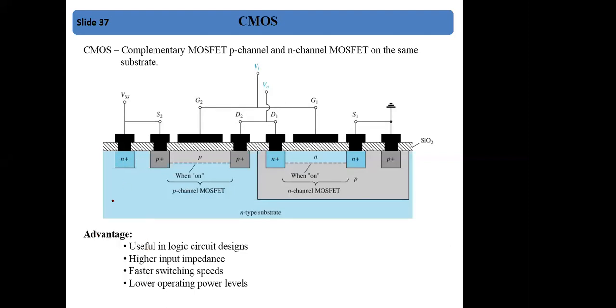Now construction wise, you can see over here this is your P channel MOSFET and this is your N channel MOSFET.